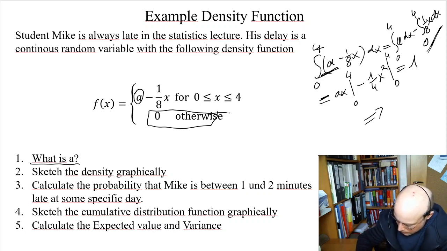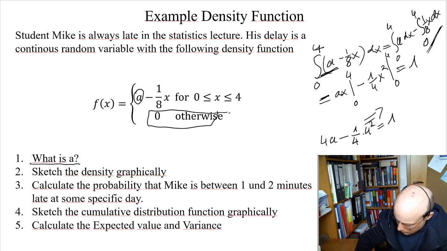So we have 4a minus 1 over 4 times 4 squared is 1.